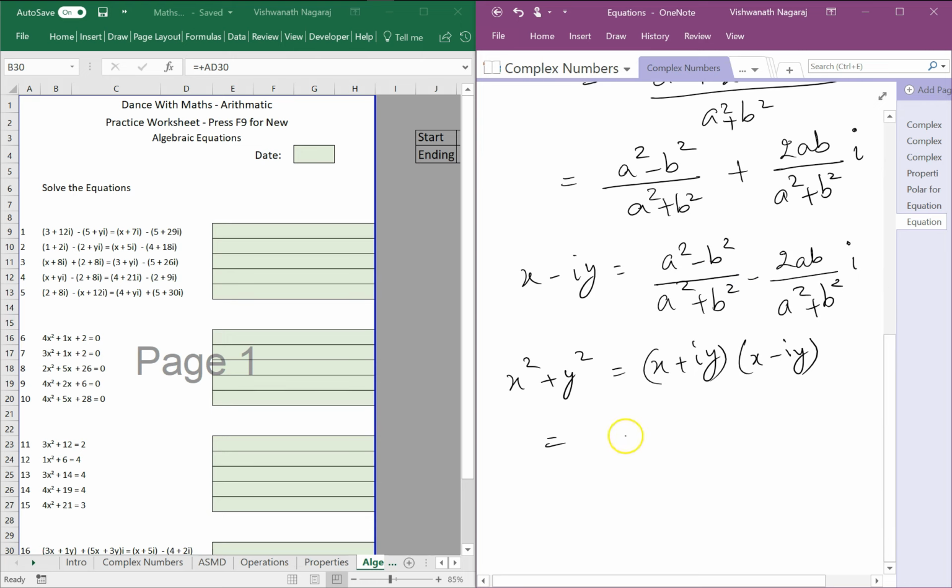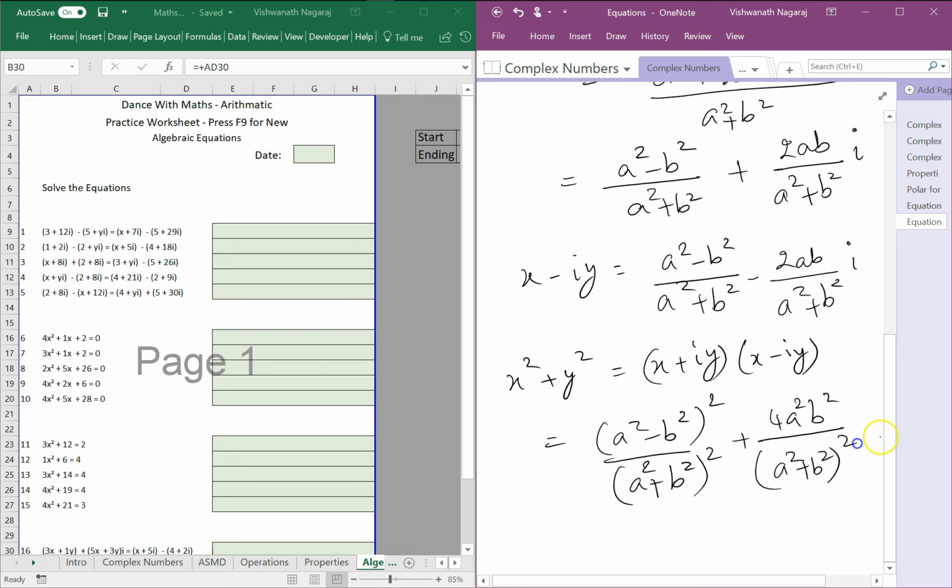So that becomes (a square minus b square by a square plus b square) whole square plus (2ab by a square plus b square) whole square, that is 4a square b square by a square plus b square the whole square.